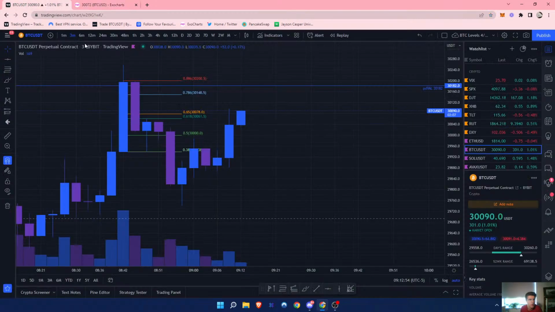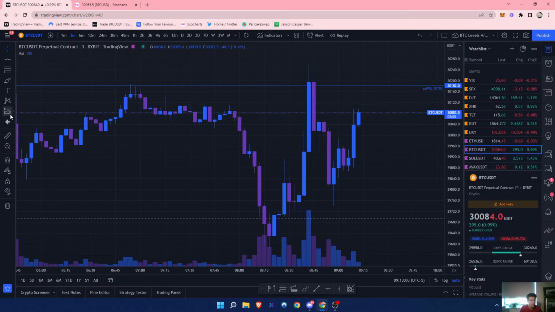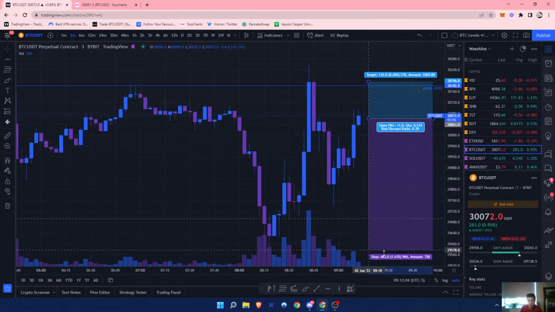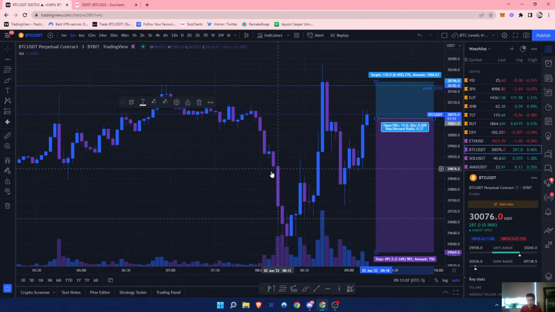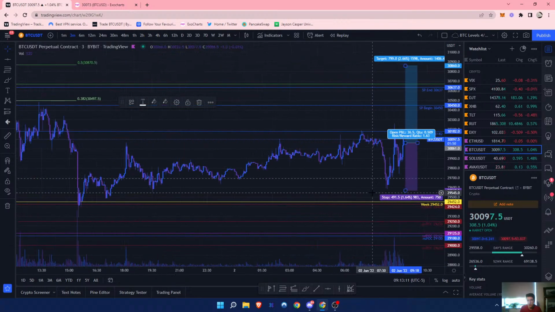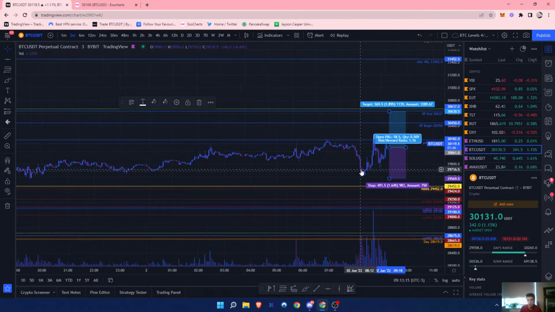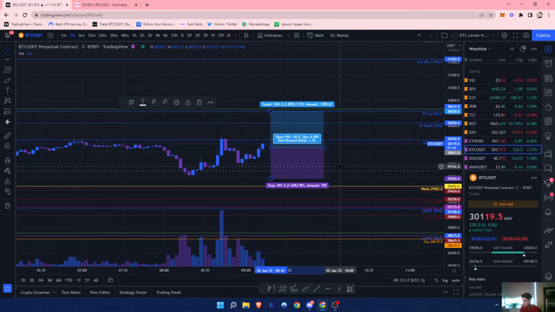All right, so I'll probably take a long here. Stop loss way below here. At least to these single prints will be the first take profit.